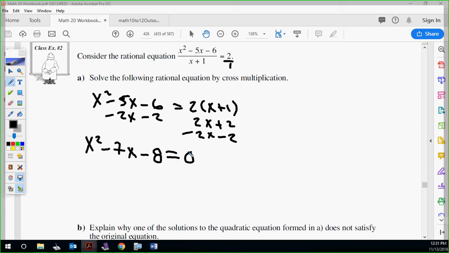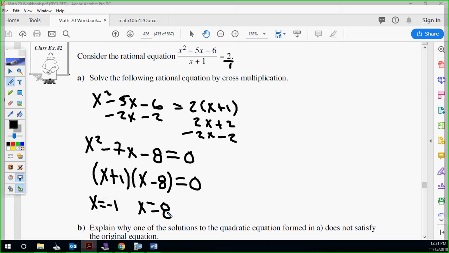And that's where we're at. Okay, so what do we do from here? Factor it. And what does that factor to? x plus 1, x minus 8. So it'd be negative 1 and 8.